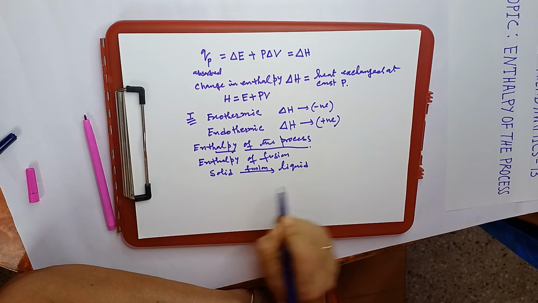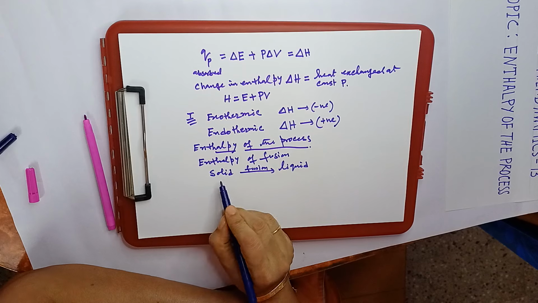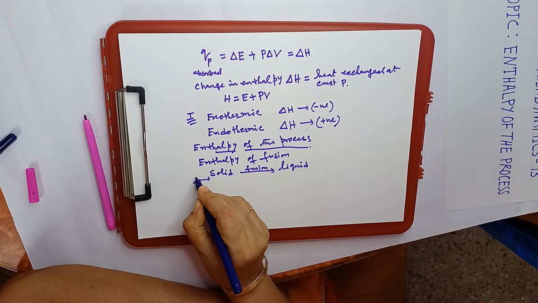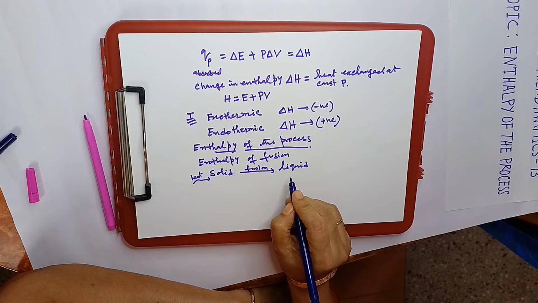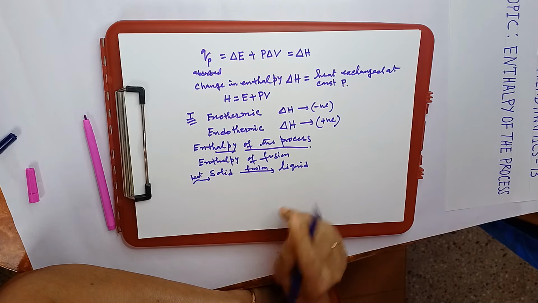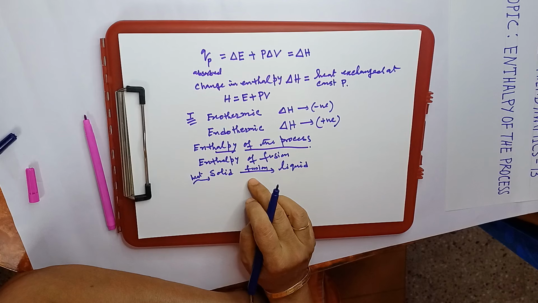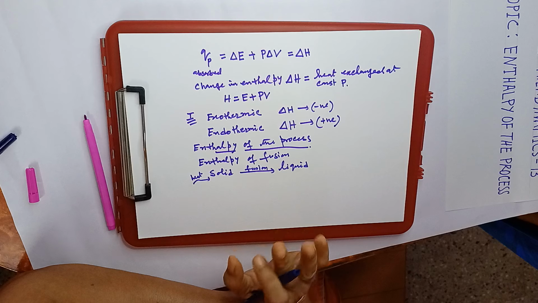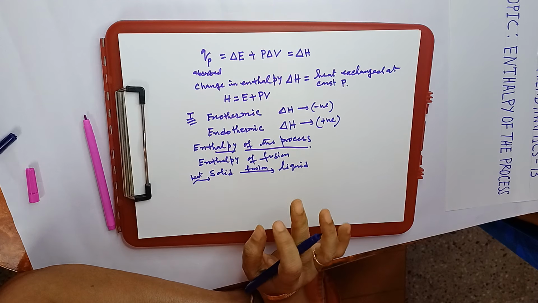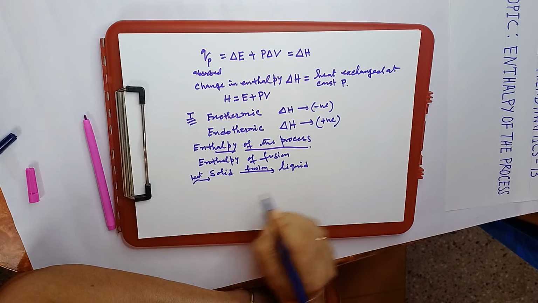So solid is converted to liquid. Here you have to supply the heat. So heat is supplied but temperature is not increasing. Temperature is not increasing means when the fusion takes place, there is no change in the internal energy. Internal energy is not changing. What is happening?